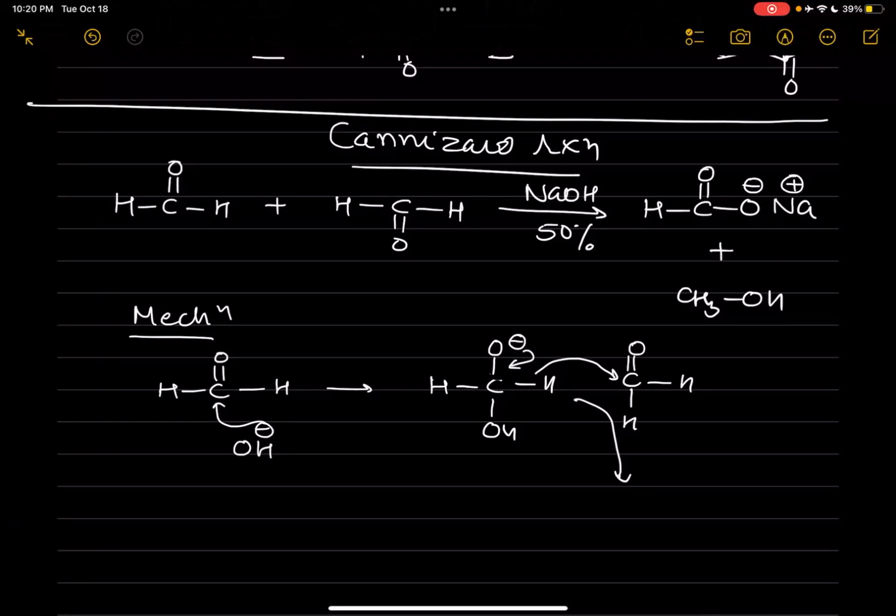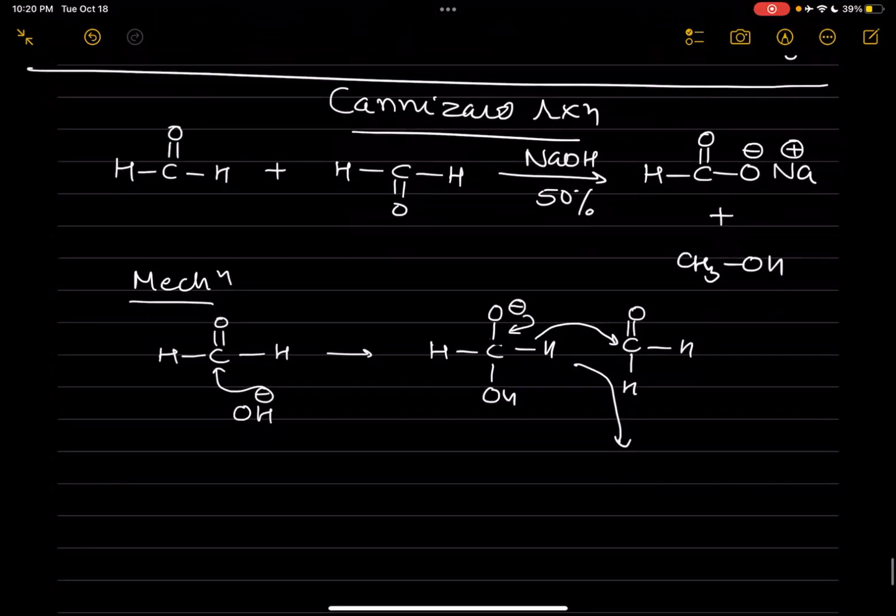There is one molecule on which OH attacks. The one on which OH attacks, the H minus comes out and joins itself to another molecule. This is the difficult step, the slowest step, RDS.